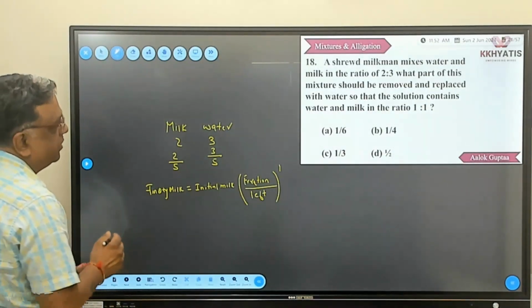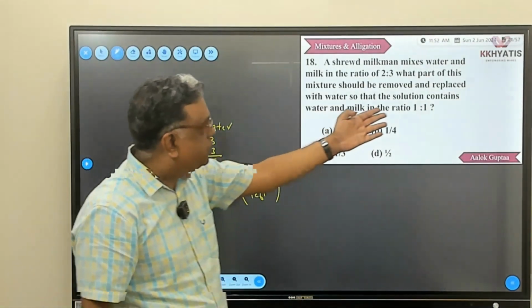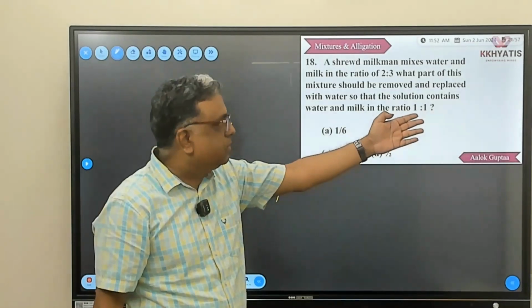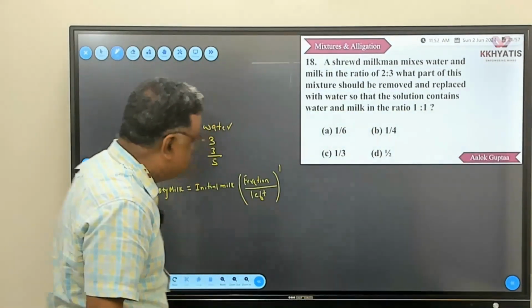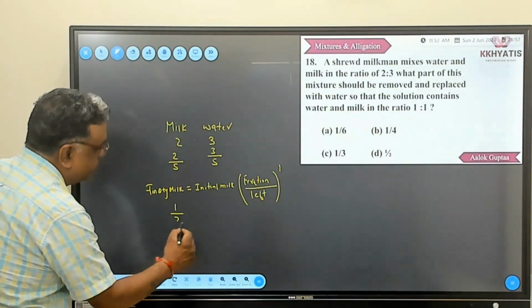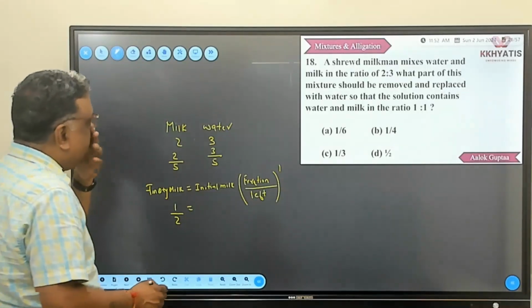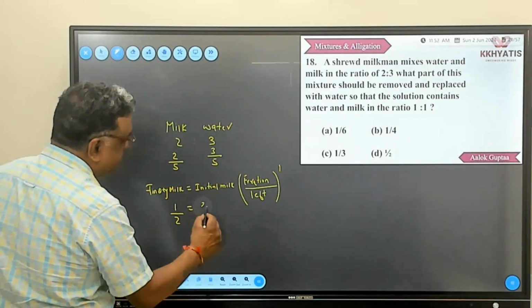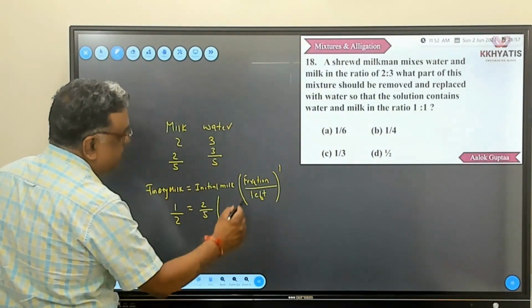So the final quantity of milk is in the ratio 1 is to 1, milk and water. So final quantity would be 1 upon 2. Initial quantity of milk is 2 upon 5. This is what we have to find.